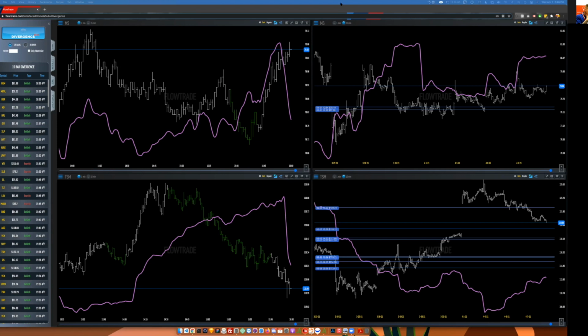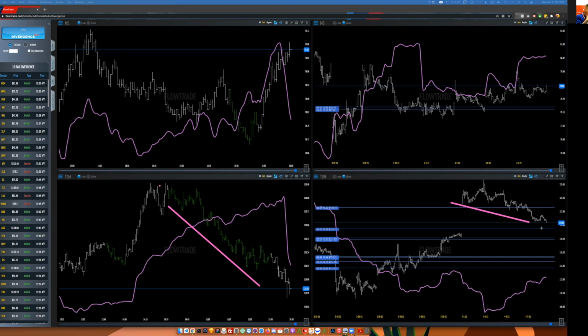All right, the next one we're going to look at is TSM. Obviously, we've got some pretty significant divergence happening here. As I'd mentioned earlier, it looks as though they've been taking profit for the last couple days.